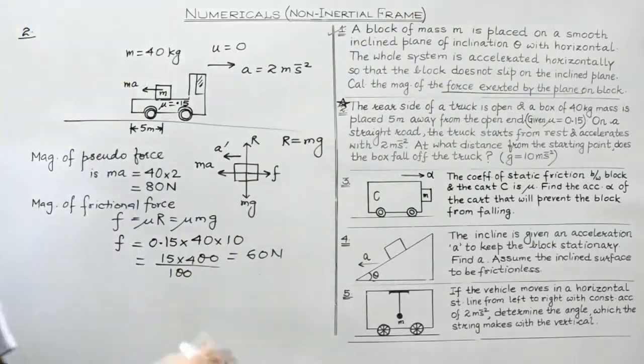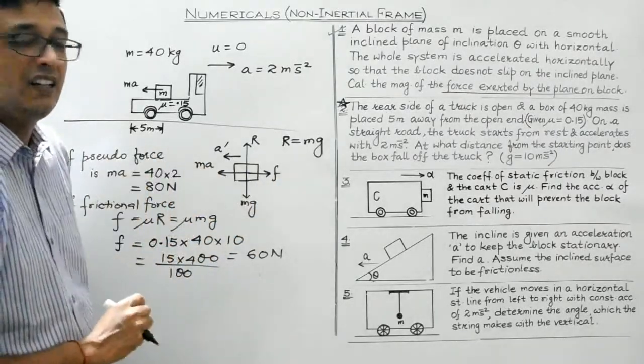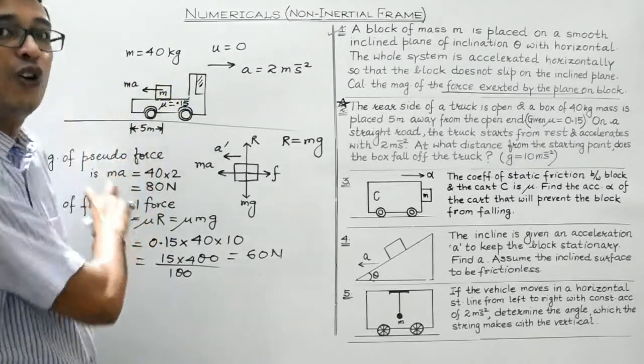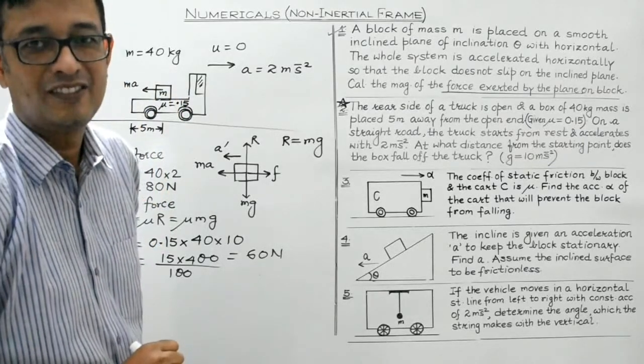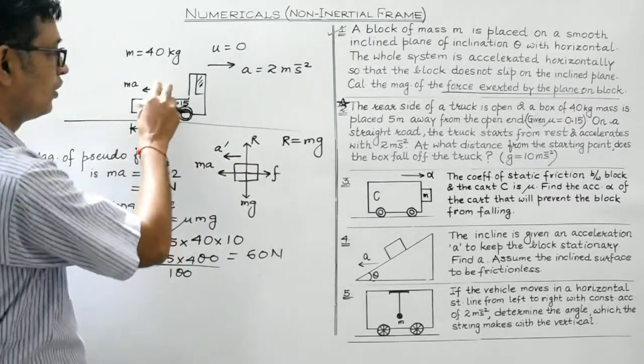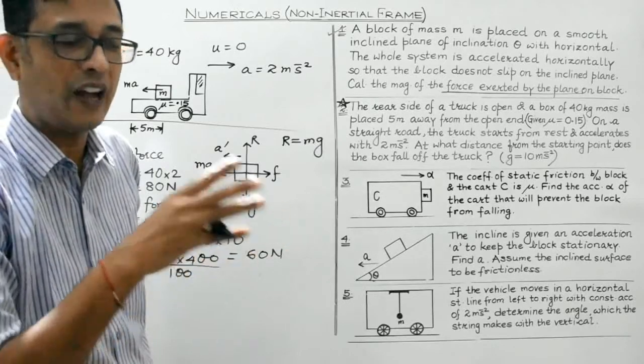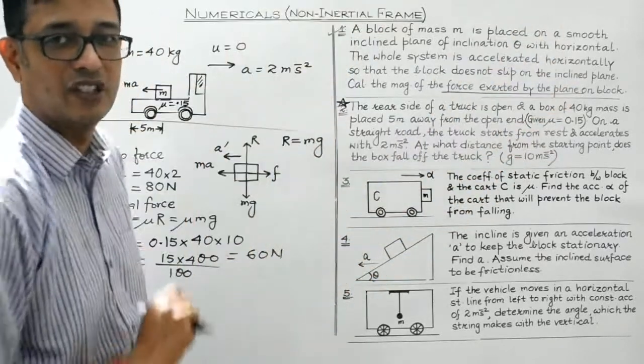Clear? In case the force of friction is greater than Ma, then the block would never fall off the truck. Clear? And in case F is equal to Ma, then the block will remain at its original position, in spite of the fact that the truck starts accelerating in the forward direction.